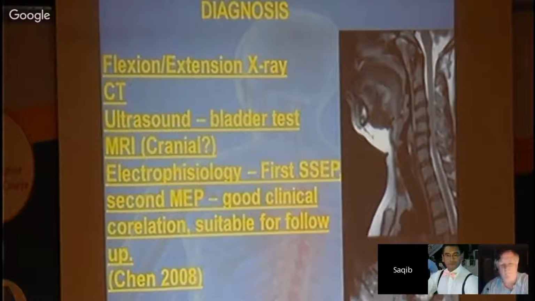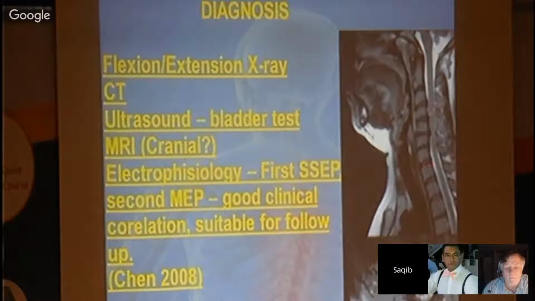So usually I support my diagnosis with flexion-extension X-rays. Sometimes if I'm uncertain, I could do also a CT scan. On the CT scan, you will see if your disc is calcified, or you could see the foramina. You could see how much laterally you should go.